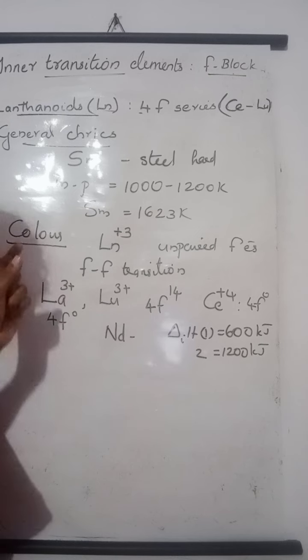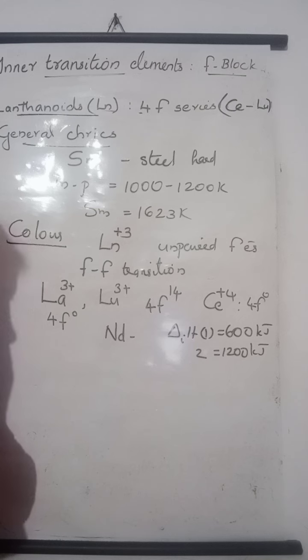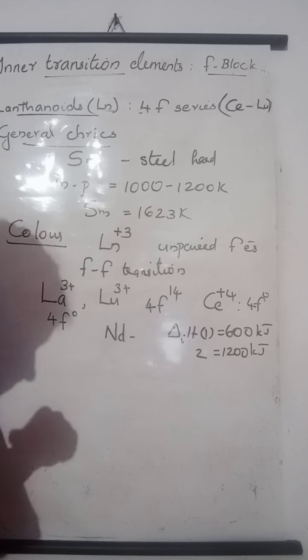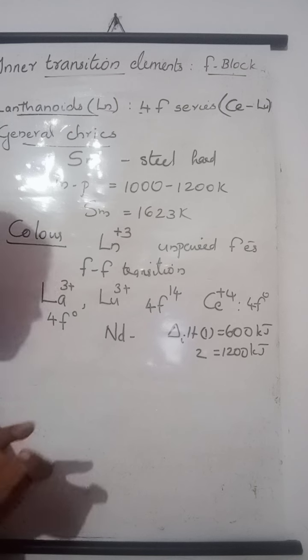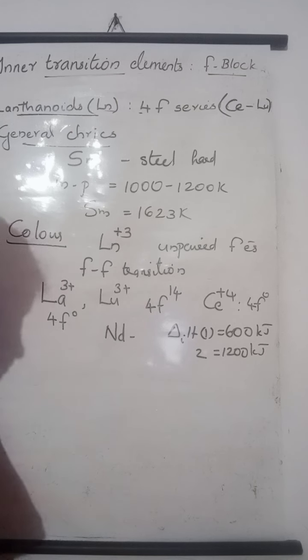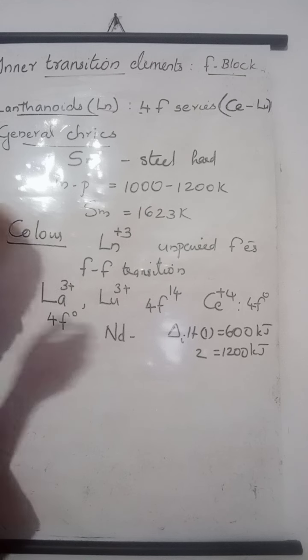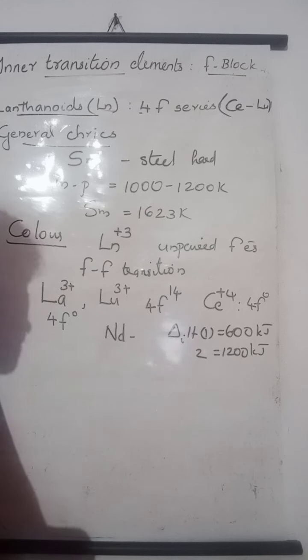The initial members of the lanthanoid series behave like calcium, but towards the end of the lanthanoid series they resemble aluminum in their properties. That means lanthanoids are reactive. Their ionization enthalpy values are similar to that of calcium. So they behave like calcium, and some members behave like aluminium.